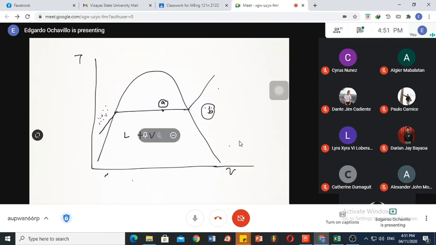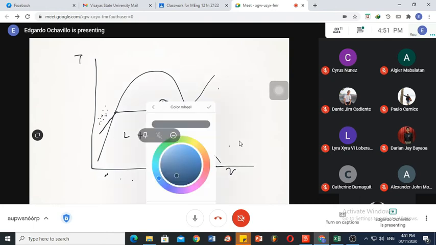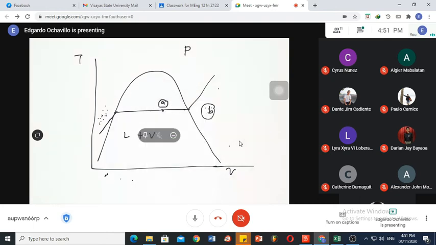For example, if you have a P and the condition is saturated vapor, you can now find the T. You can also find the specific volume and so on and so forth, and other properties. Clear?